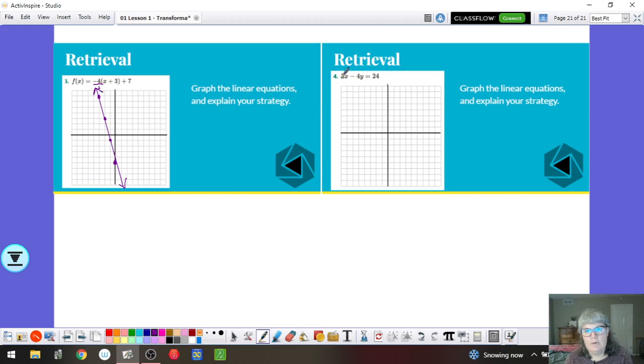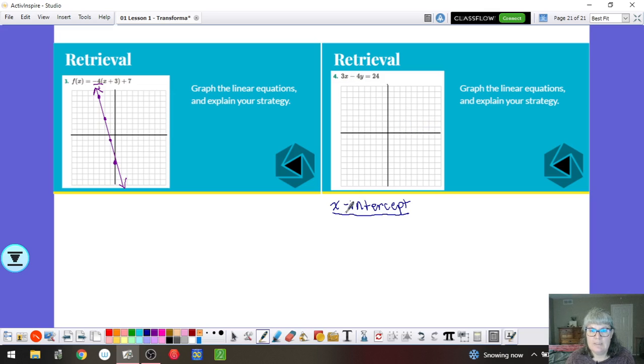This second equation is in what we call standard form. When you have an equation in standard form, an easy strategy for graphing is to find the x and the y intercepts. So I'm going to start with my x-intercept. Now my x-intercept is going to be somewhere along my x-axis, and the value of y for any point on this axis is 0.